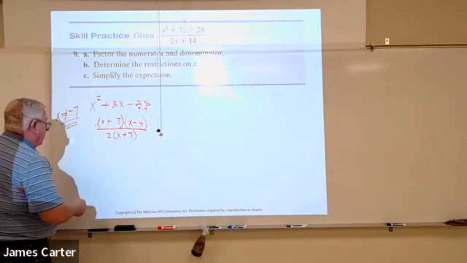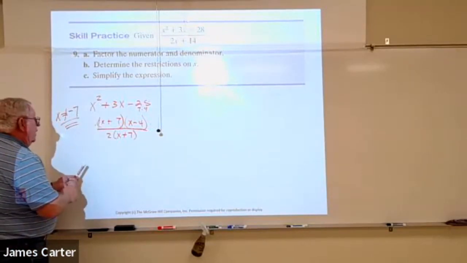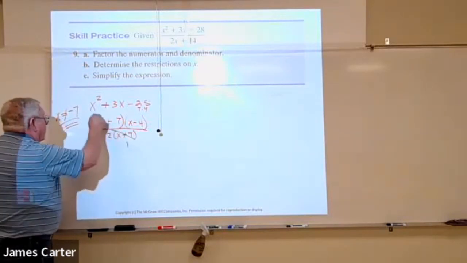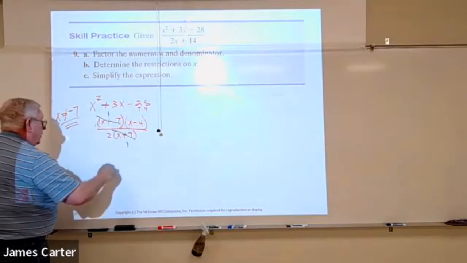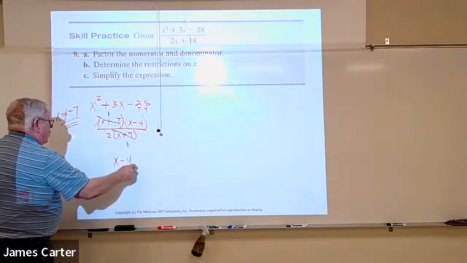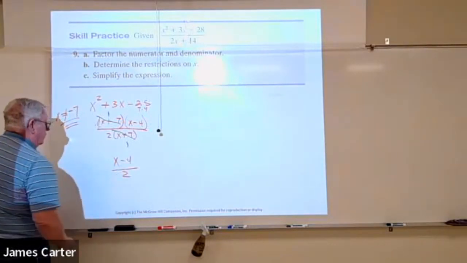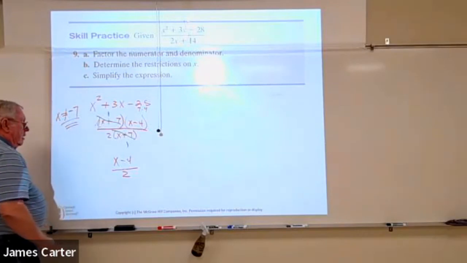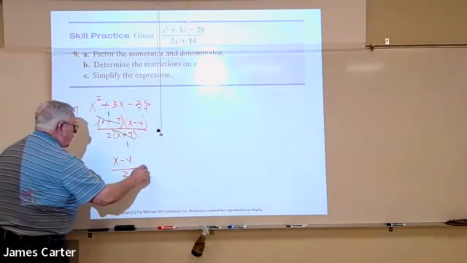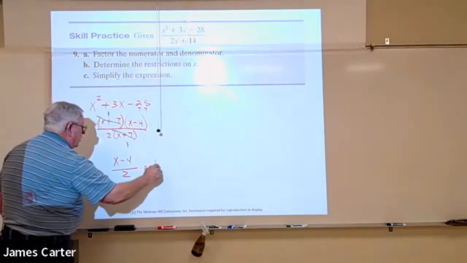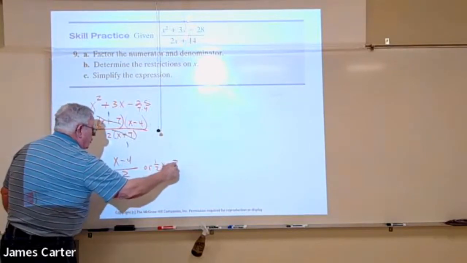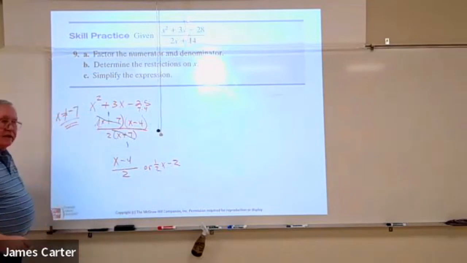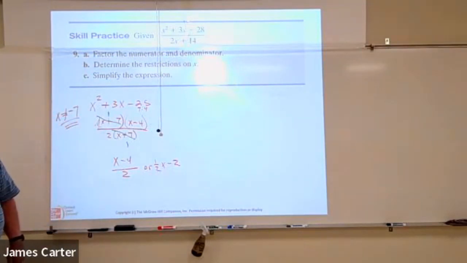Now I have stuff I can cancel. I can cancel this and I can cancel that. So all I've got left now is x minus 4 over 2. We can leave it that way, or we can change it to 1/2 x minus 2, like that instead.